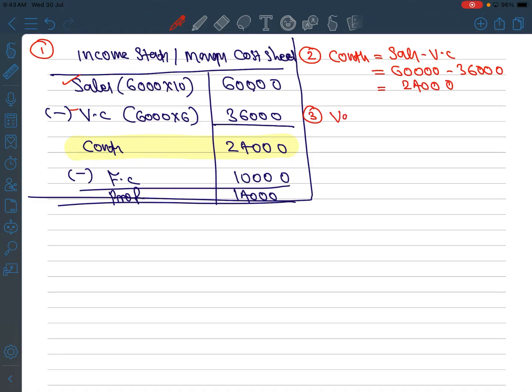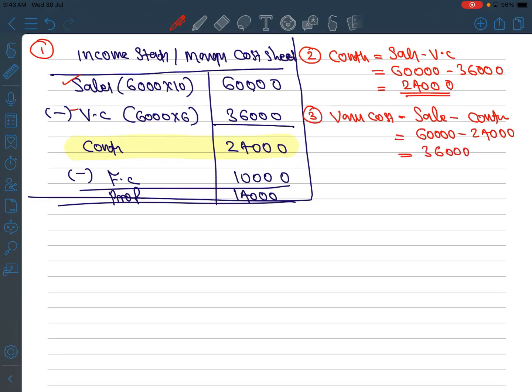Then number 3, as per the question, variable cost. How can we calculate variable cost? By setting an equation: sales minus contribution. Simple. Sales is 60,000, contribution is 24,000, so we will get 36,000 as variable cost.